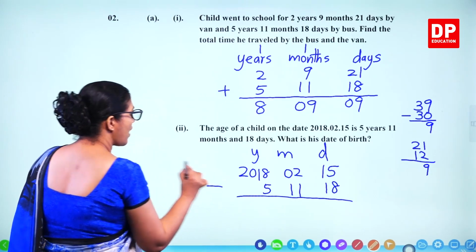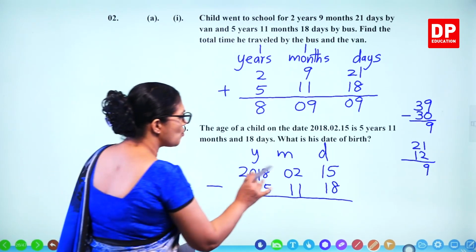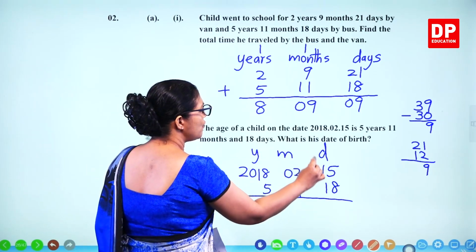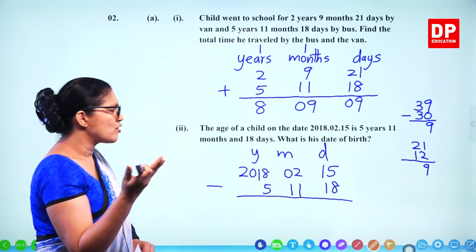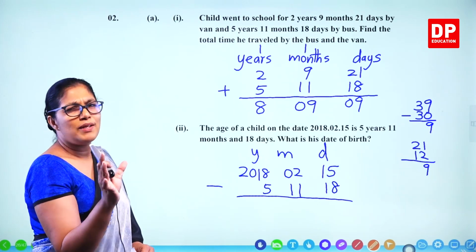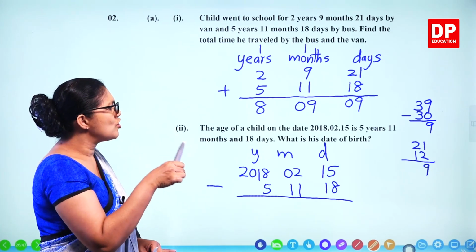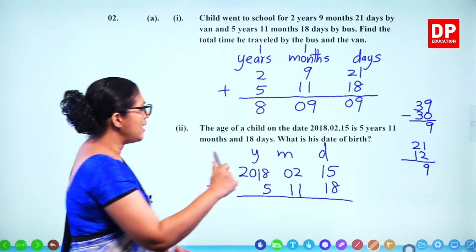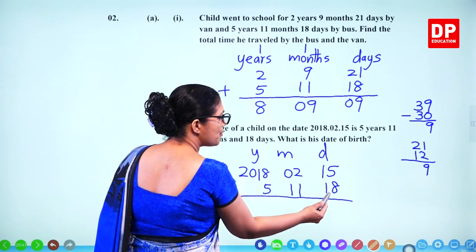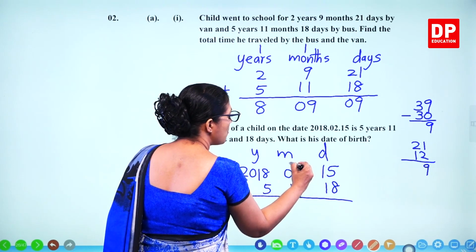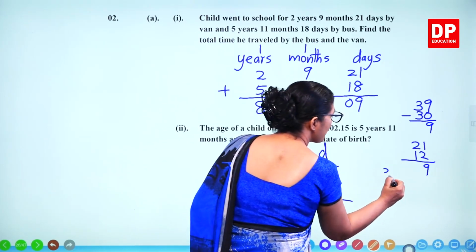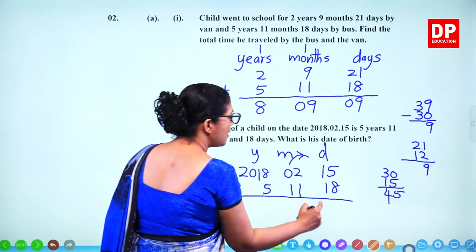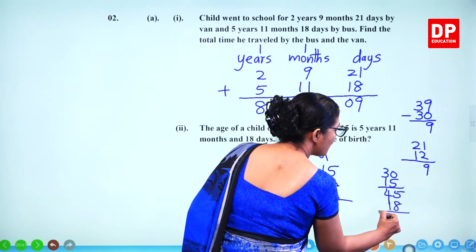So we need to subtract. Now in this one, February is there. When you are taking one month, you can take 28 days. But normally we don't consider which month it is, you just take 30. So I'll do it that way, because you can't subtract 18 from 15. So I'm taking 30 from here. 30 plus 15, 45. Now we can subtract 18 from that.